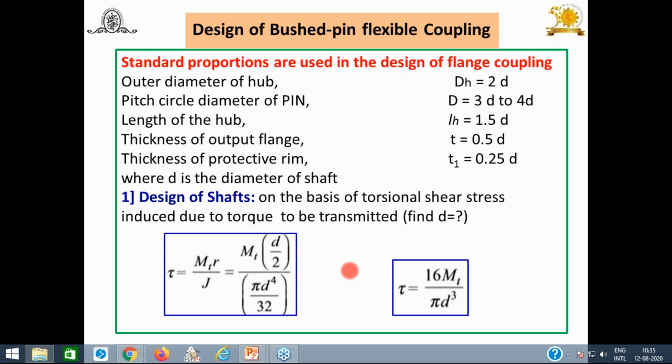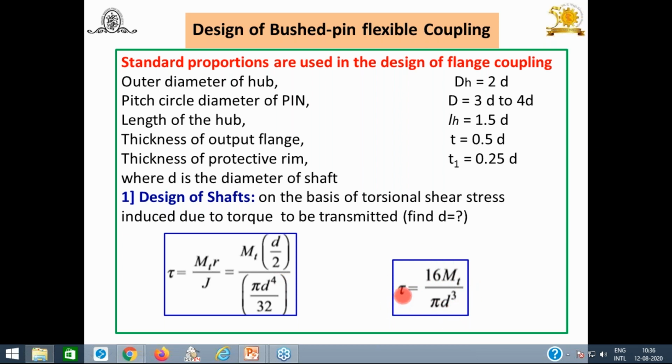Because of this, torsional shear stresses are induced in it during torque transmission. Therefore, we use the usual equation tau is equal to MT R by J, where R is equal to D by 2, half the diameter of the shaft, and J is the polar moment of inertia for a circular solid shaft, pi by 32 into D raised to 4. So you will get tau is equal to 16 MT by pi D cube.